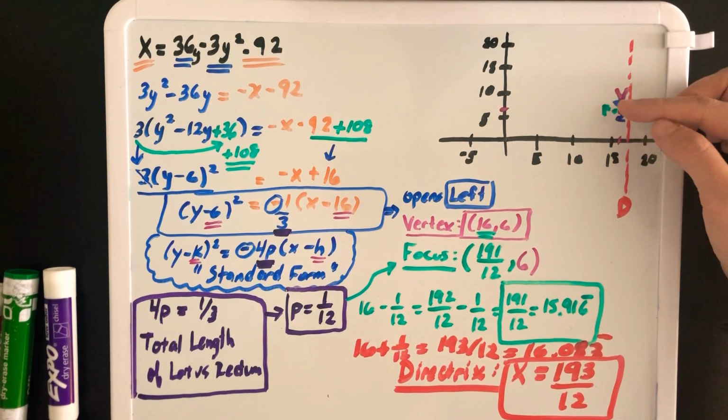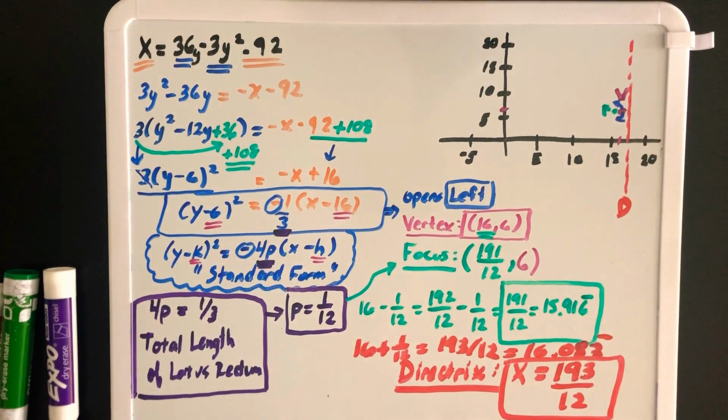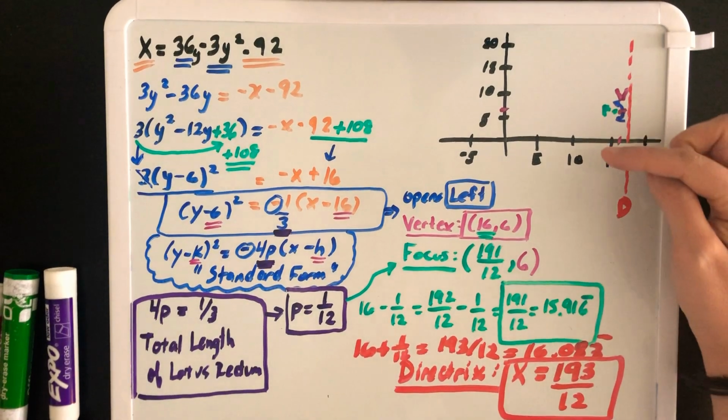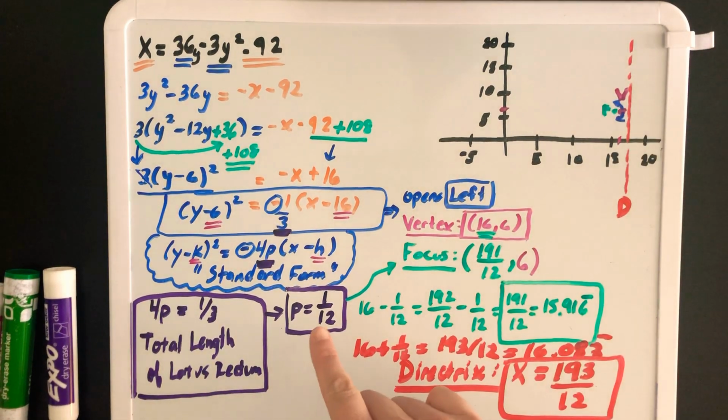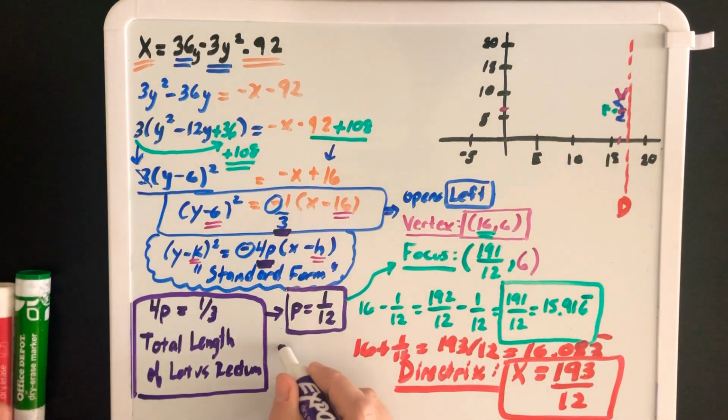So if I cut that 1/3 in half, if you will, I would get 2p in each direction. So what is a third cut in half? Well, that's a third times 1/2, which is 1/6. So I should be going up 1/6 and down 1/6 from the focus. Another way of looking at this is saying 2p in each direction. So 2 times 1/12 is 2 over 12, which is 1/6. So 2p in this case is 1/6. I noticed that.